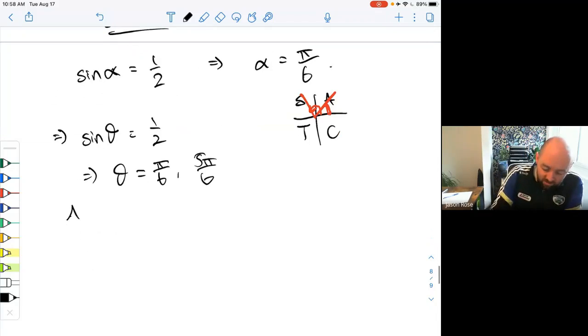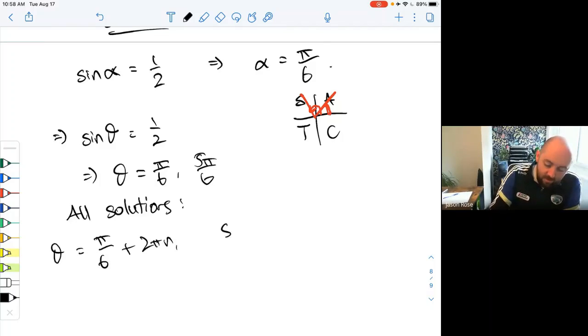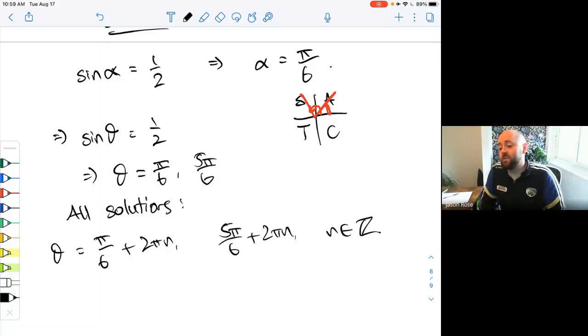So all solutions are theta equals pi over 6 plus 2 pi n and 5 pi over 6 plus 2 pi n, where n is an integer. So that's about how long these questions usually take. I spent 10 minutes explaining every thought that came into my head for the first one, but they don't need to take that long. Once you get used to them, they're a little bit easier. So pi over 6 and 5 pi over 6.